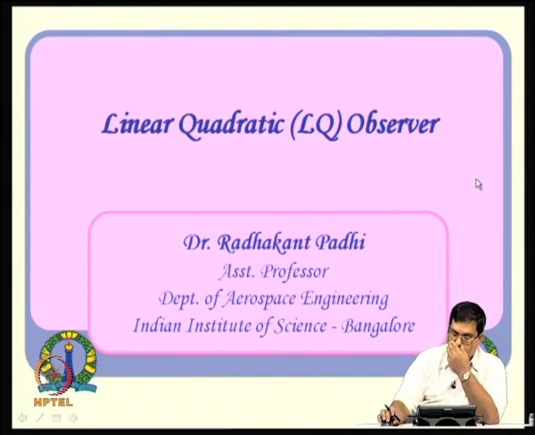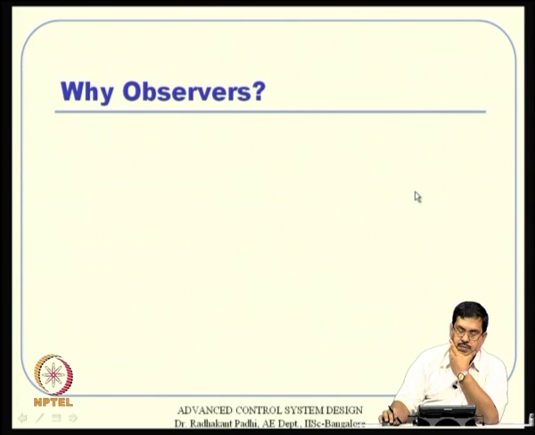We will see a little glimpse of that, because without this exposure to the LQ observer and a little bit of Kalman filter at least, no control theory course is complete, because most of the time we have to use some form of observer or filter. So, let us see what is going on here. So, why observers?